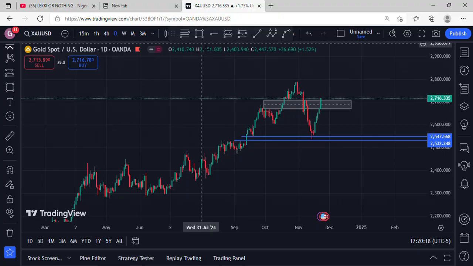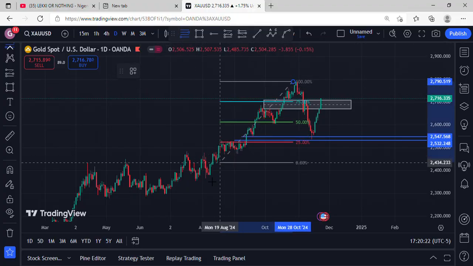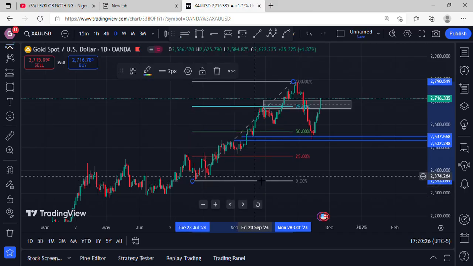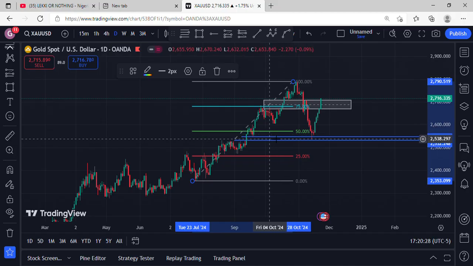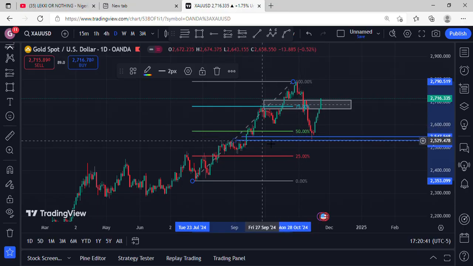And so we can pick this up, mark my range from the high to the low, and then we realize that if we had kept the monthly fair value gap, it would have fallen within the 50% of the range, and then this weekly fair value gap is just within discount, just below the 50% and in discount of the current dealing range.